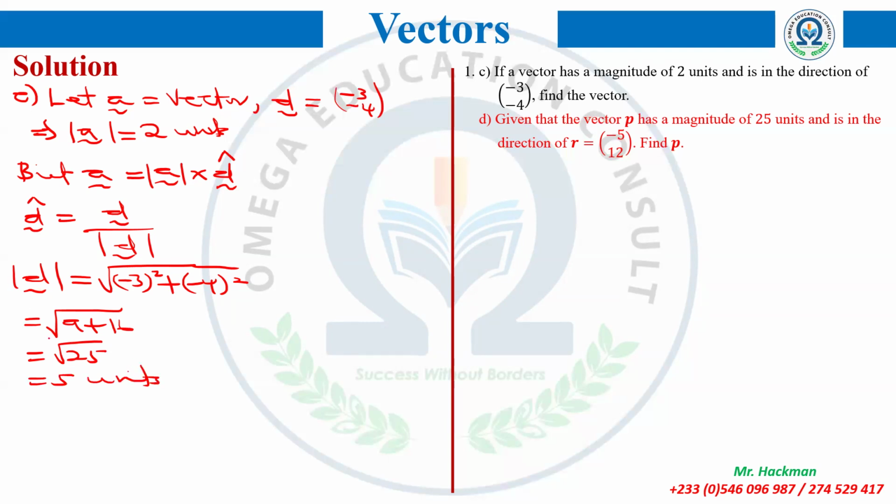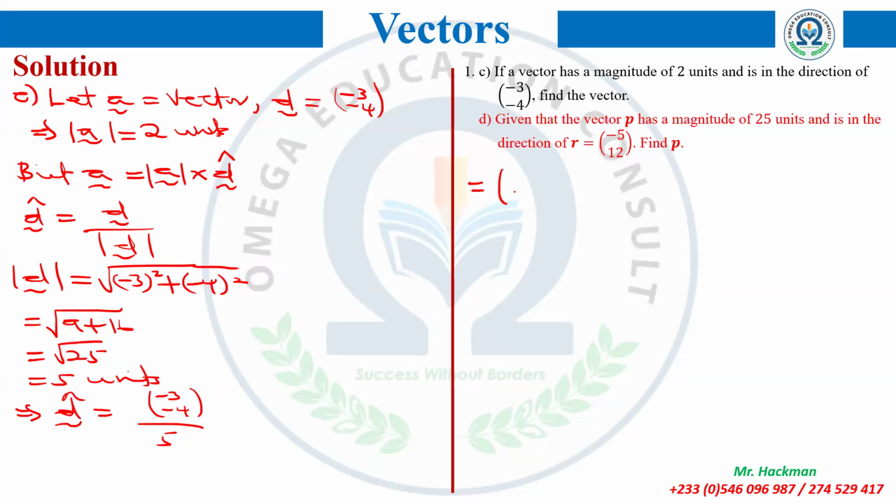But remember, this is only a means to an end. So I'm going to substitute to find my D cap. I'm doing all this because of the D cap. So that will give me my vector D, which is (-3, -4), all over the magnitude of D, which is 5. So I will end up getting my D cap in terms of column.